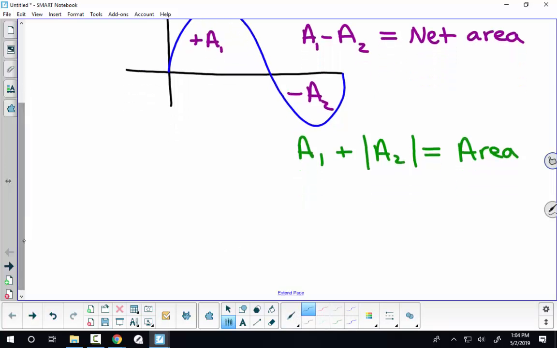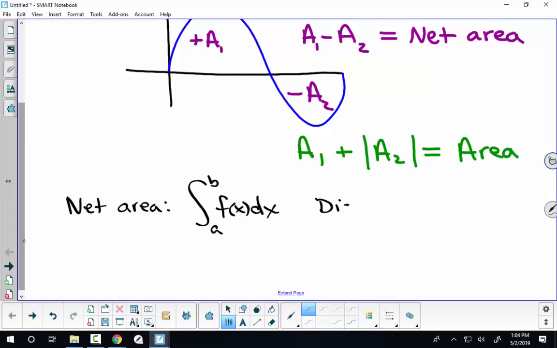A practical way to look at that is that the net area is given by the integral from a to b of f of x dx. One physical application or context to this is the displacement, when we think of f of x equal to a velocity function, maybe.